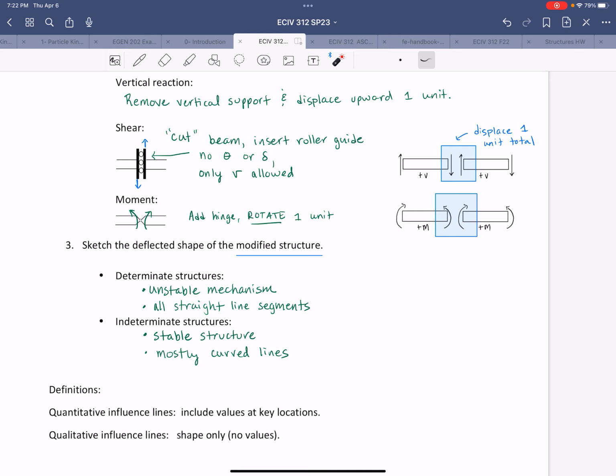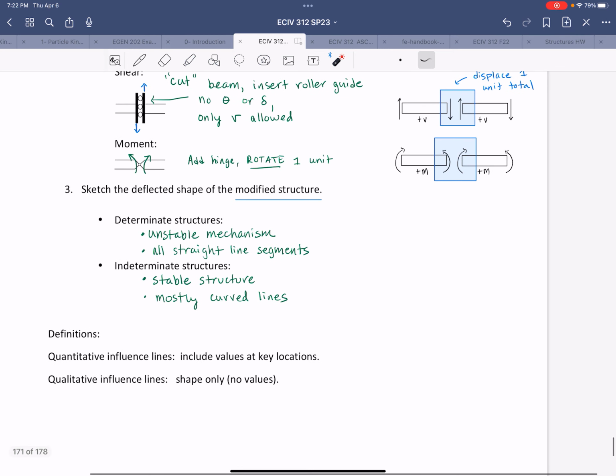and you can still have a stable mechanism. So for an indeterminate structure that's 1 degree indeterminate, we could take away the ability for it to resist moment at a location by adding a hinge, and that would still result in a determinate structure that is stable.